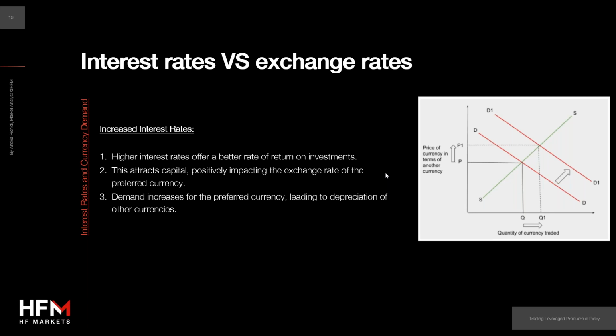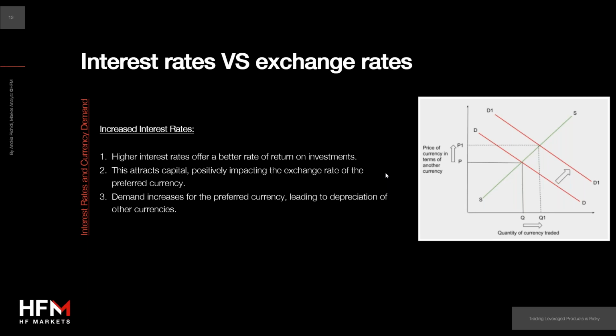In theory, money moves out of less desirable investments into a currency with better prospects.